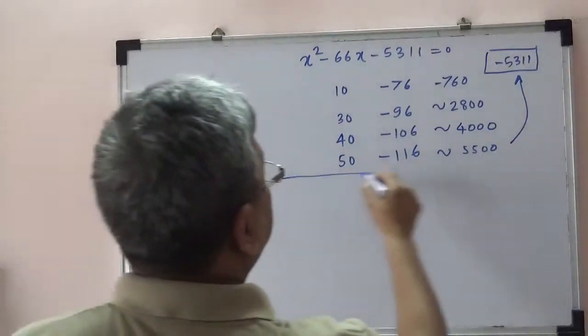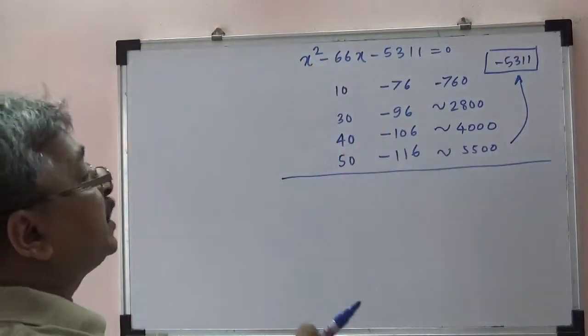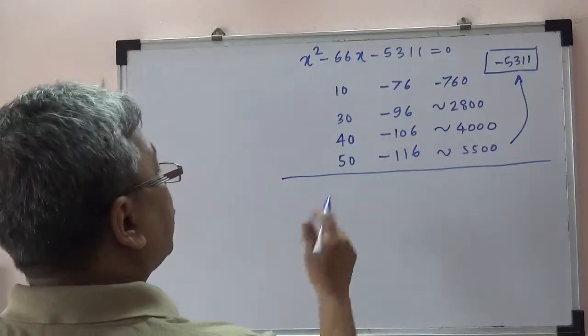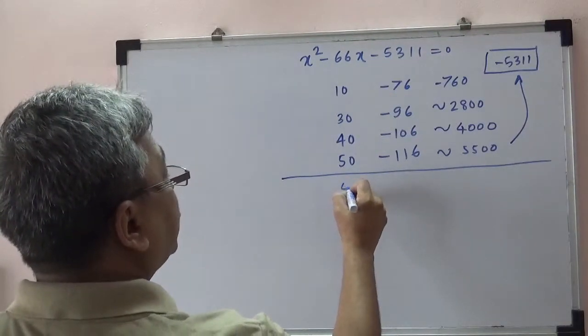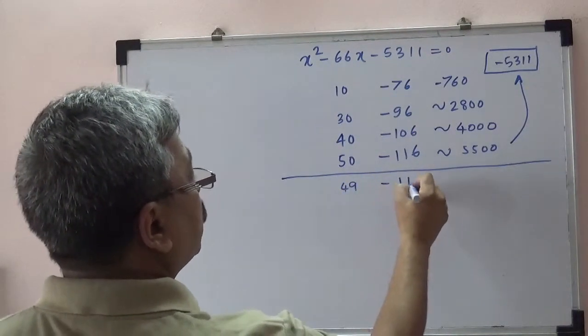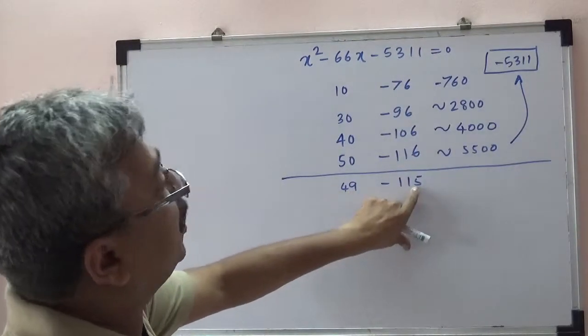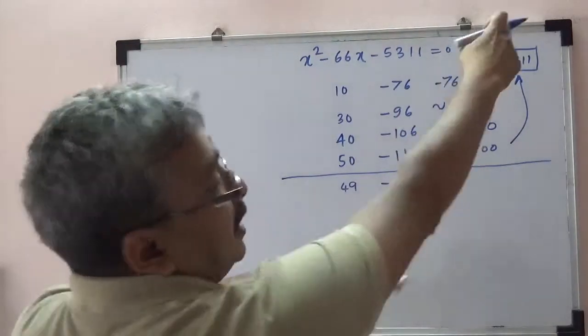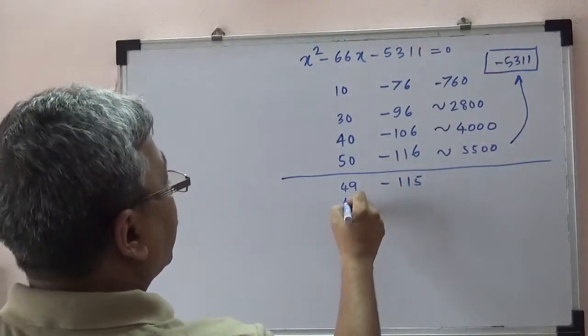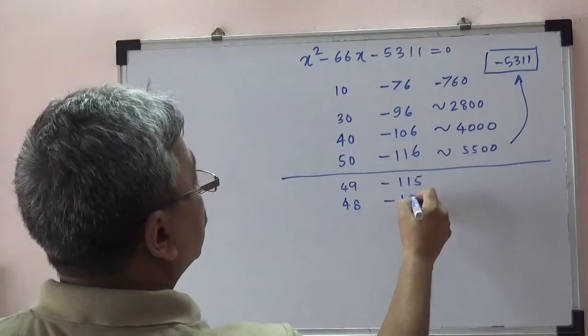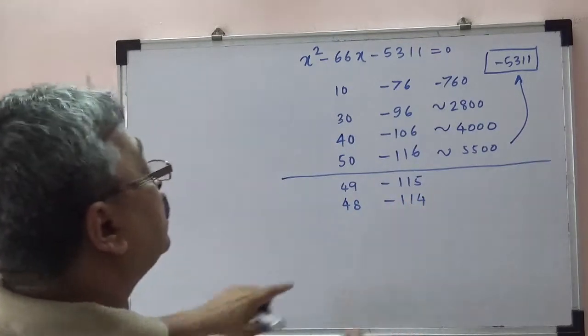Therefore this is what is a big step which I am taking, and the smaller steps I will start taking now. Suppose I take 49, minus 115. I won't do it because 9 into 5 will have 5 in the unit place, it is not there. I try 48, minus 114.